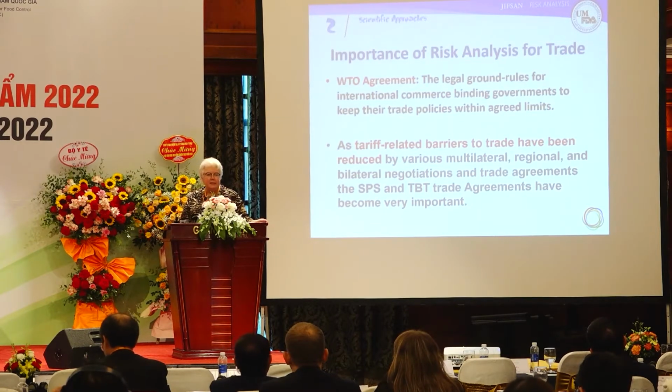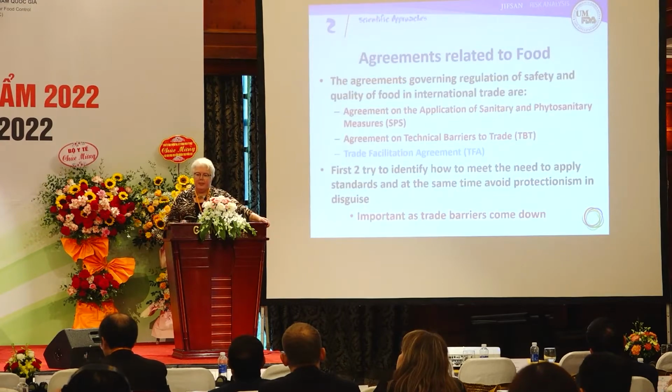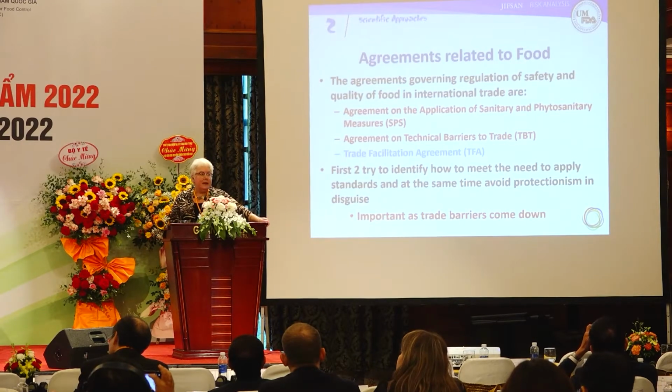And there was a big concern that countries may have put up certain non-tariff trade barriers associated with sanitary and phytosanitary issues or technical barriers to trade. And these became very important. There are certain agreements that require the use of risk analysis. These are the agreements governing food and animal and plant health in terms of international trade.